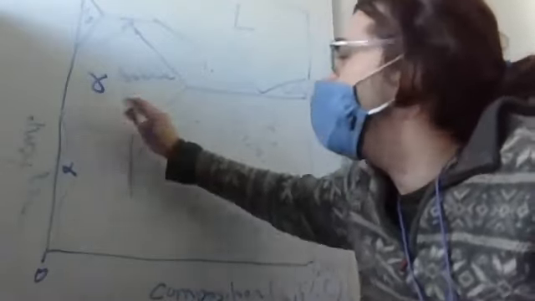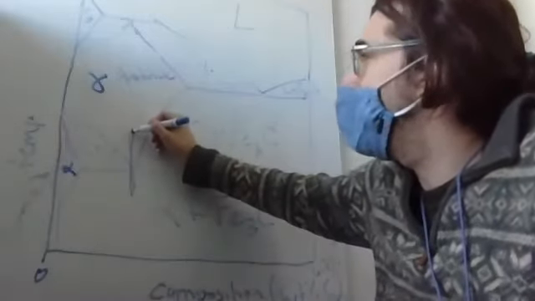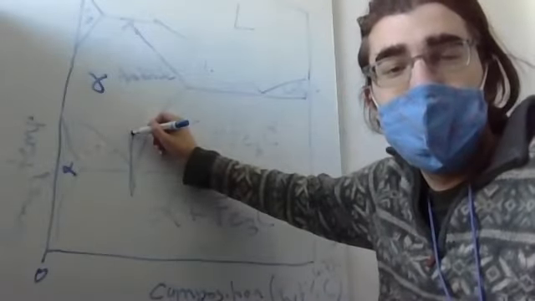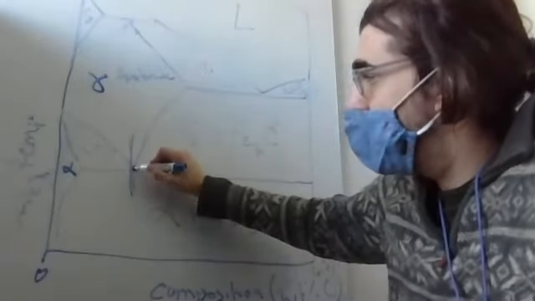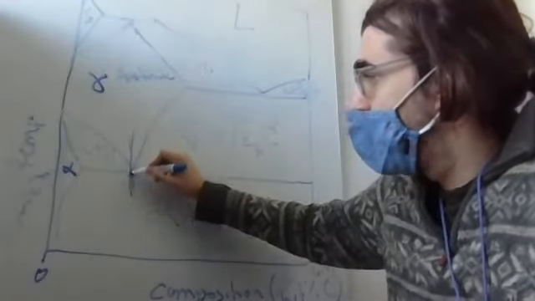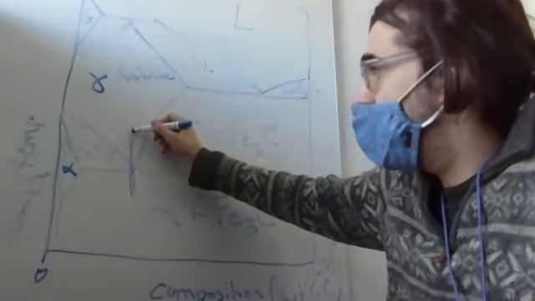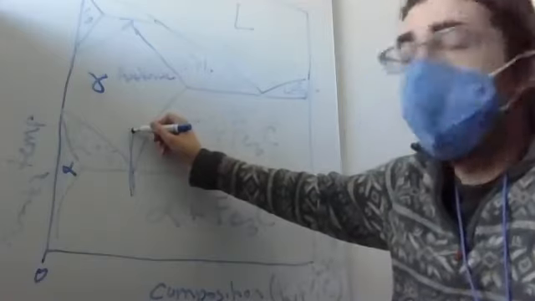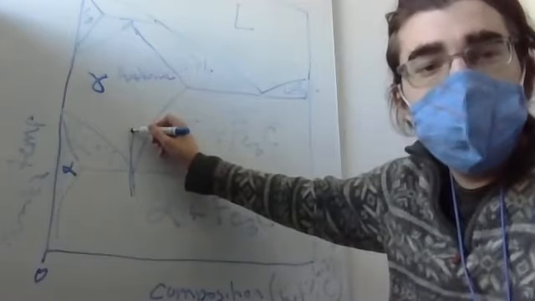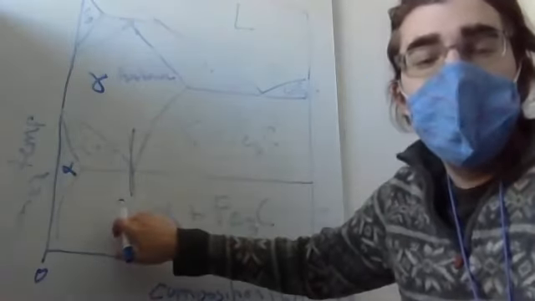So we would heat our mixture up, form the austenite phase, right? And if we have the composition exactly right to hit this eutectic point, then as we cool the sample very slowly, we will go from a pure austenite phase to a mix of the ferrite and cementite phase.